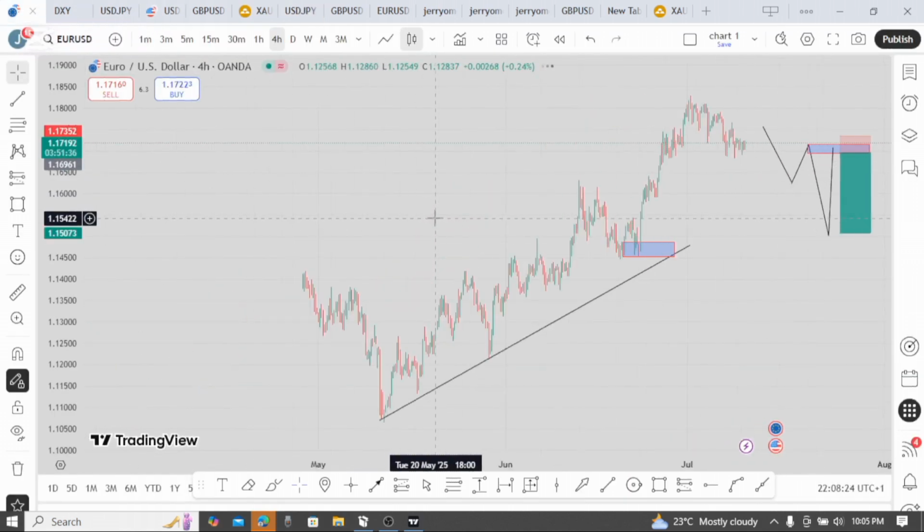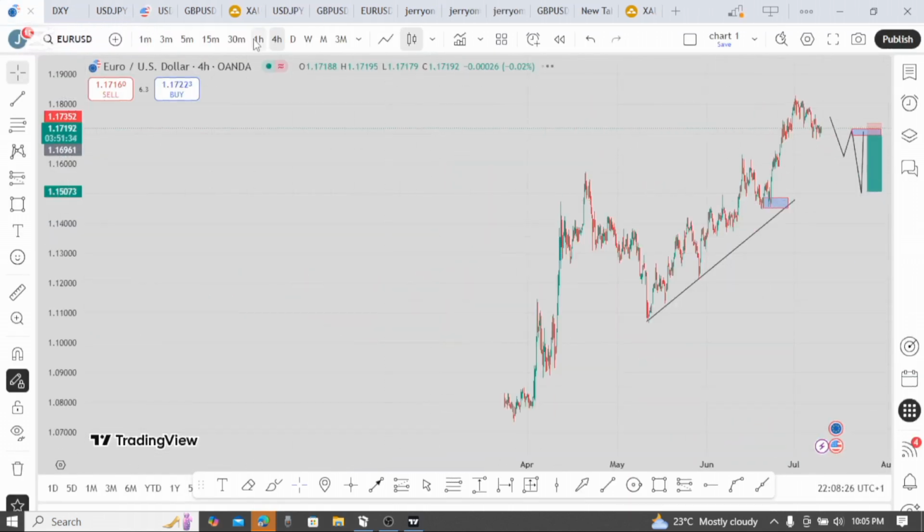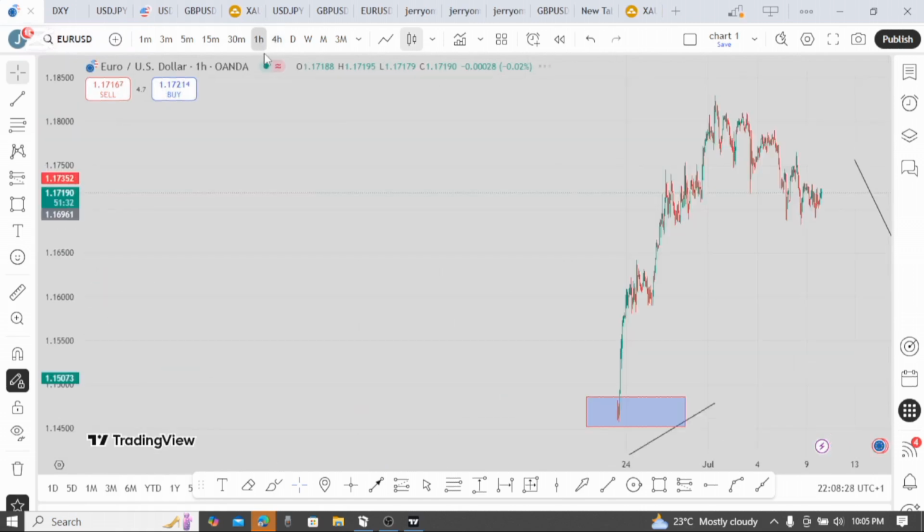Let's look for a bullish order block. Let me show you how you use an order block in a bearish market structure, guys. Let me see on this. Can I get where there's bearish?